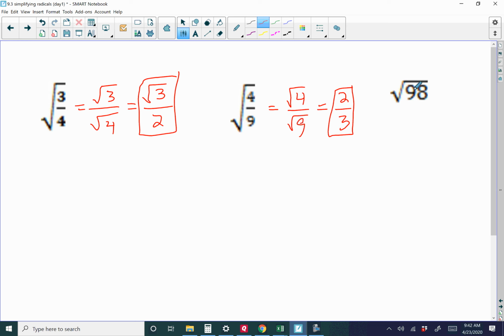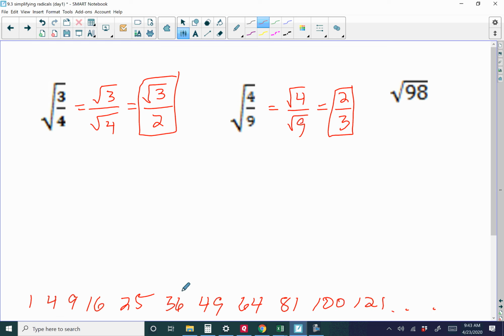So 98 has, are there any factors that are perfect squares? And the answer is yes. Now remember, perfect squares are, I'm going to write them across the bottom here. 1 is a perfect square, 4, 9, 16, 25, 36, 49, 64, 81, 100, 121, and so on.